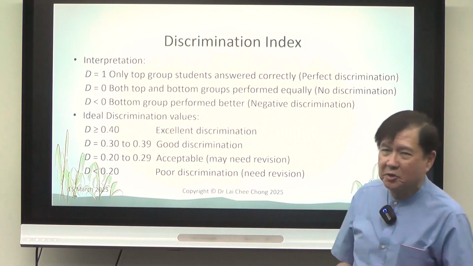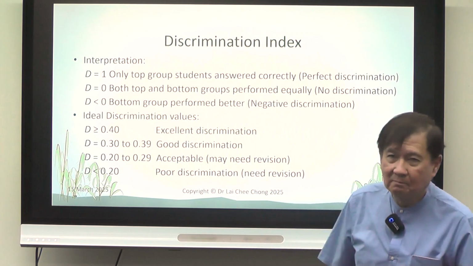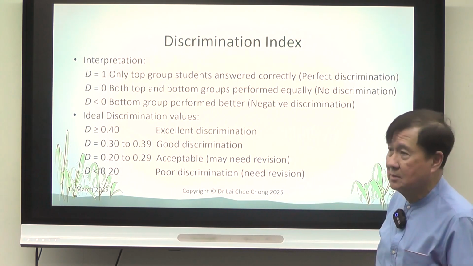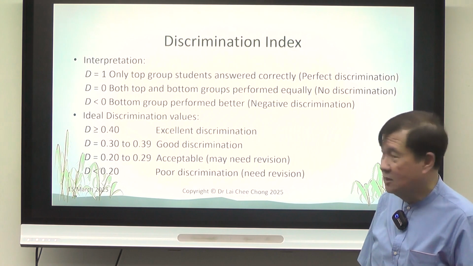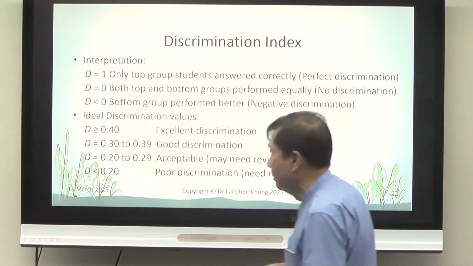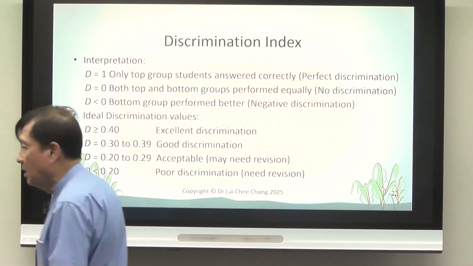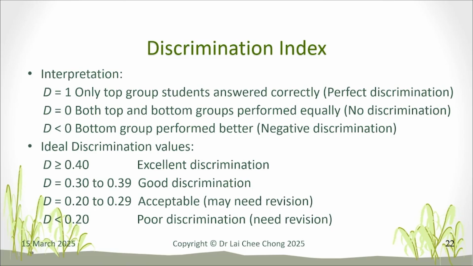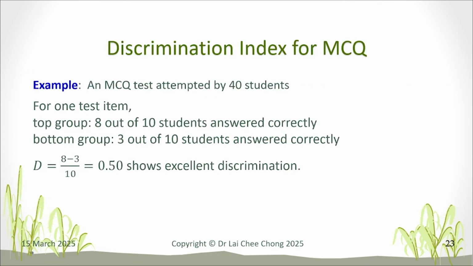This is a very poor discrimination index. So in that case, I think you need to revise it or even replace it. See that? So this will give you some indication whether or not a good item can really distinguish the top performers and the low-end performers there.